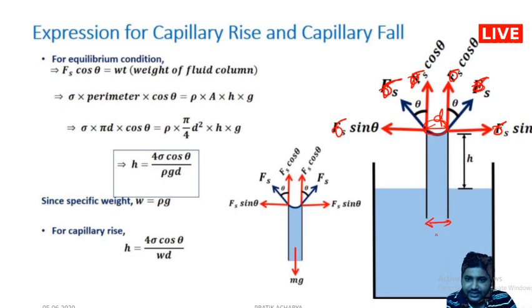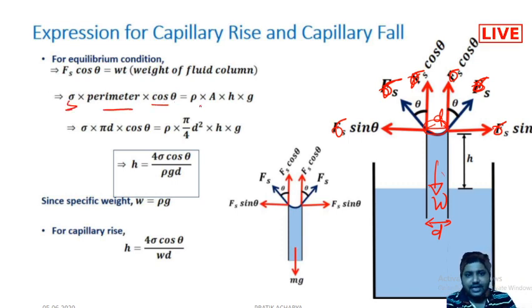At equilibrium, the upward force will be equal to the downward force. The weight of the water is acting downward. So this is surface tension into perimeter into cos theta, equal to the weight of the fluid, which is density into cross-sectional area into height into g. The perimeter is pi d. So it comes out to be h equals 4 sigma cos theta by rho g d.